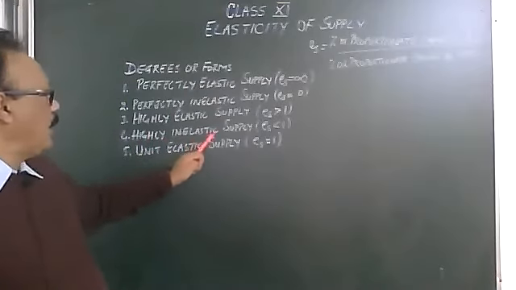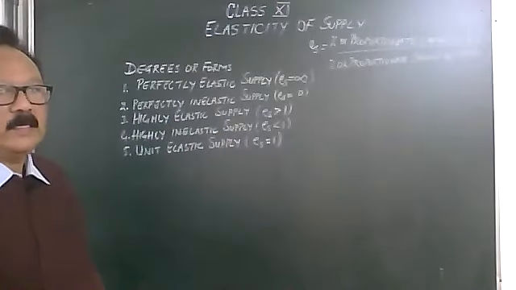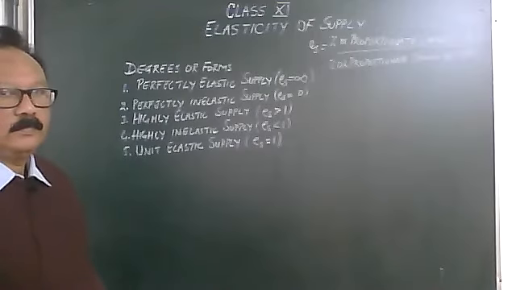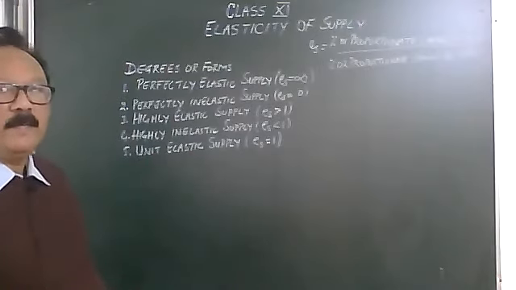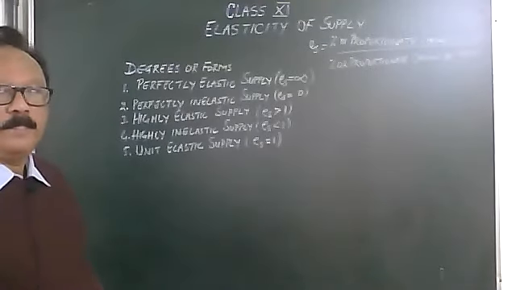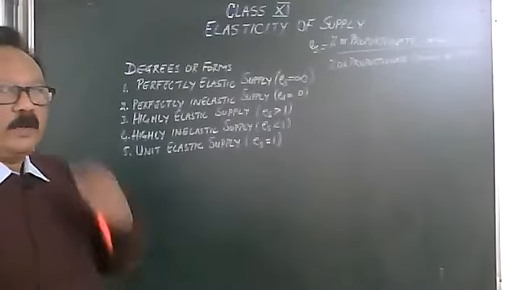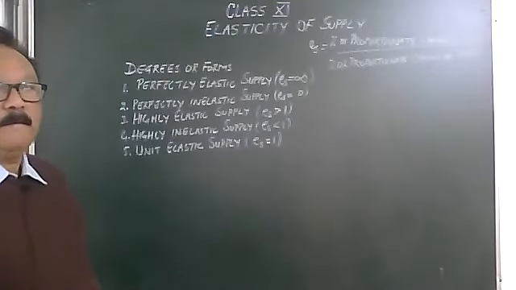Fourth, highly inelastic supply, where ES is less than 1. And fifth, unit elastic supply, ES equals 1. So there are 5 degrees or forms of elasticity of supply.